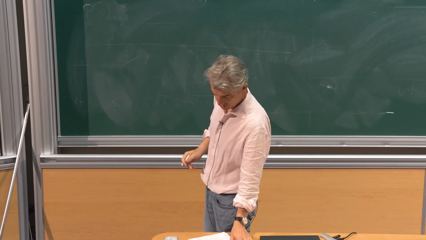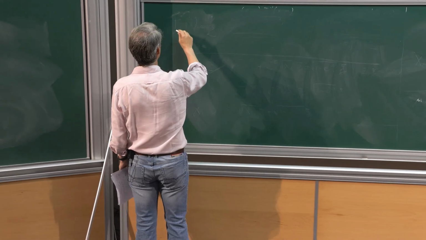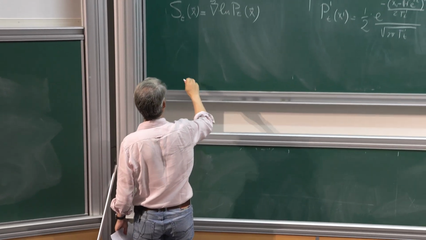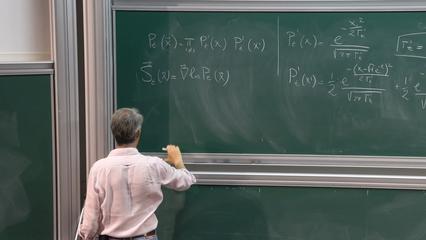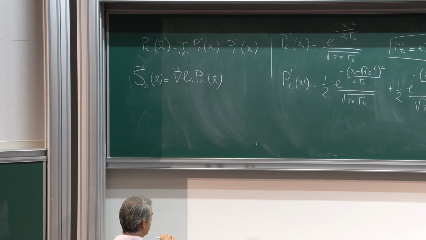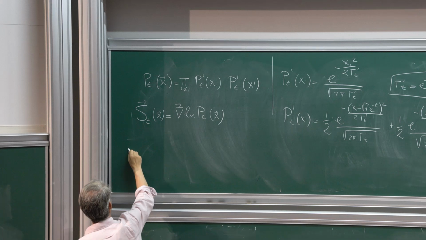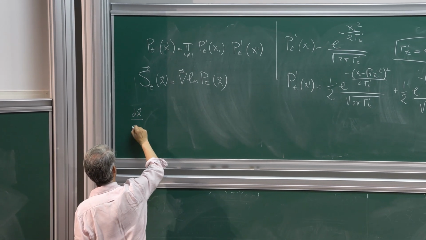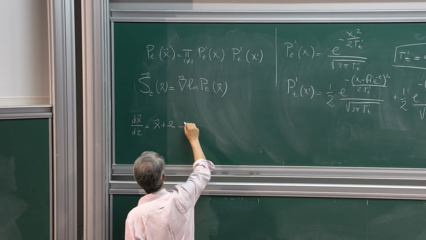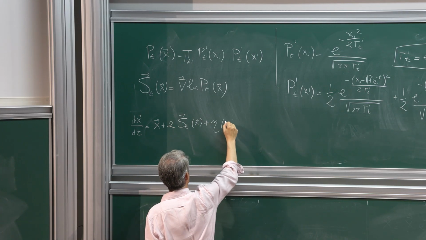All right, let's go. Now, here I should have put a vector. So let's look at the difference. Remember, the backward equation is dx d tau equal to x plus twice the score, st of x, plus a noise, eta of tau.